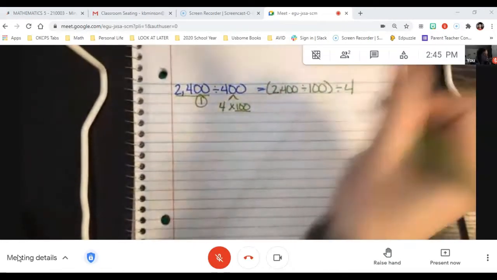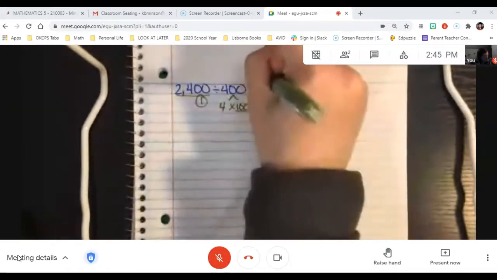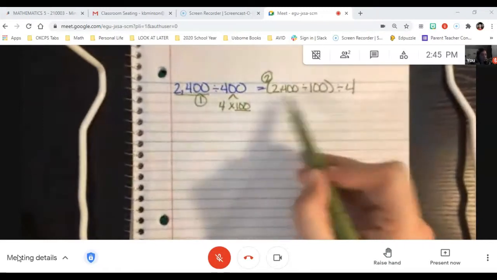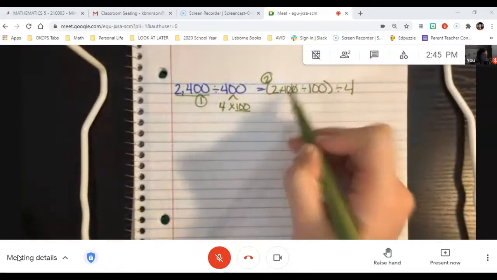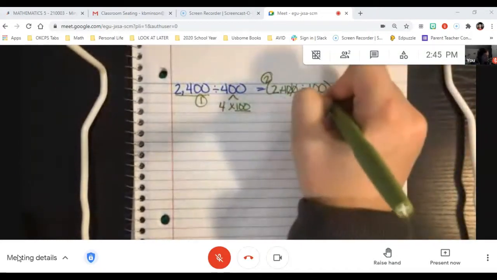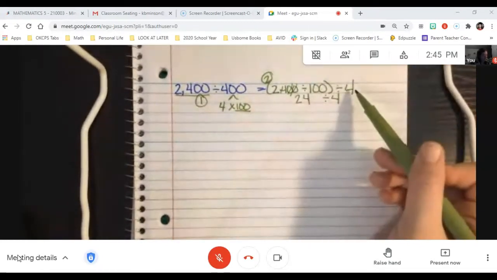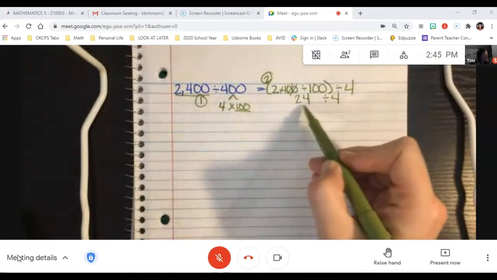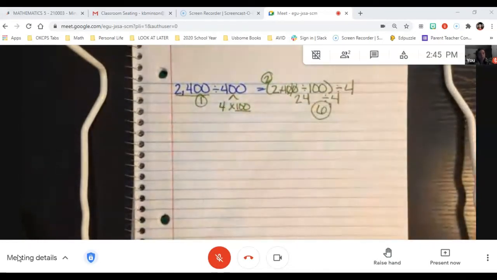Then divided by 4, because we still need to divide by 4. Step 2 is we divide inside the parentheses. Since I am dividing by 100, I can just remove those 2 zeros and get 24. Then bring down this other division by 4. Now we have 24 divided by 4, which is 6, and that is our answer.